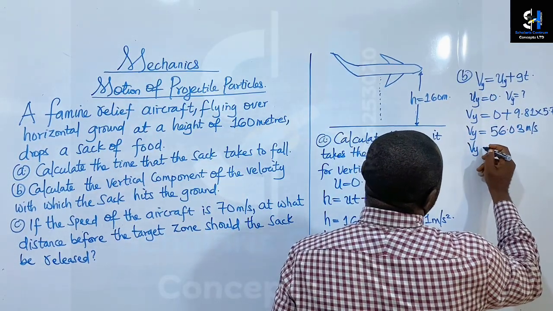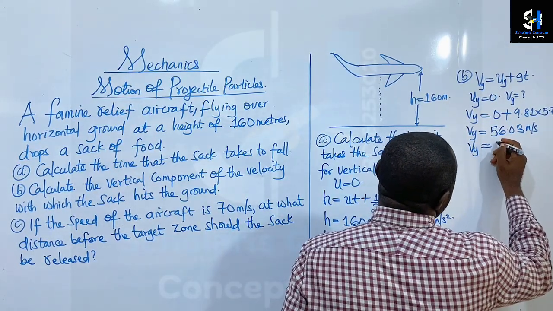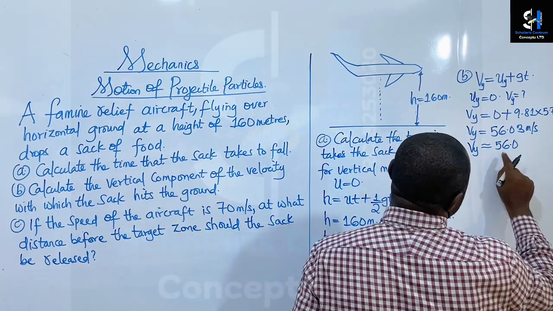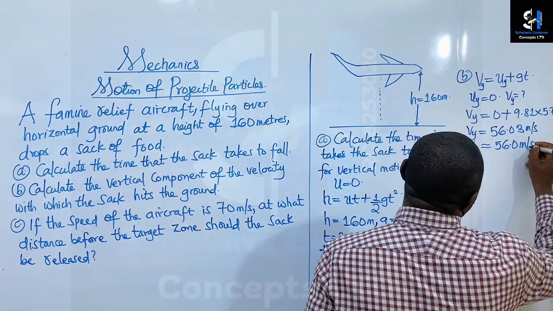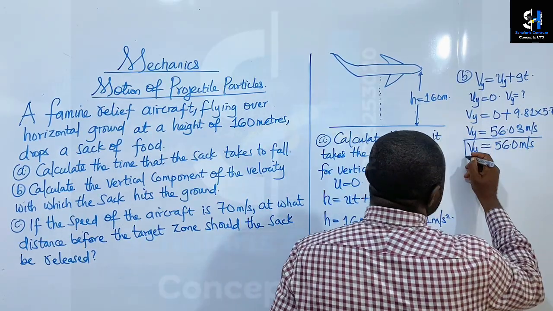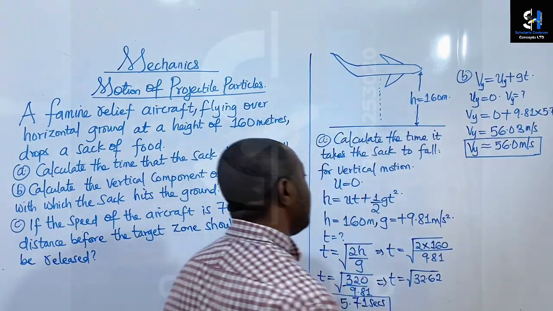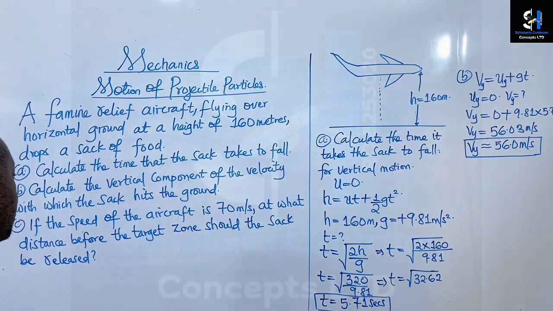So we can write Vy approximately equal to 56.0 meters per second. This is the vertical component of the velocity with which the sack hits the ground.